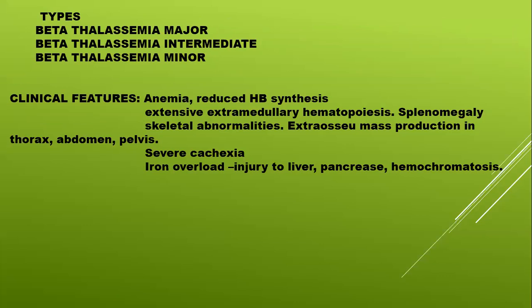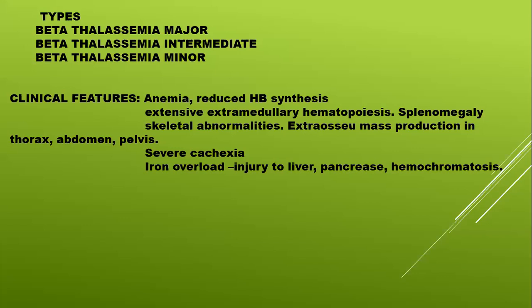The clinical features are anemia due to reduced hemoglobin synthesis. There is extensive extramedullary hematopoiesis, splenomegaly, skeletal abnormalities, and extraosseous mass formation in the thorax, abdomen, and pelvis. There is severe cachexia.